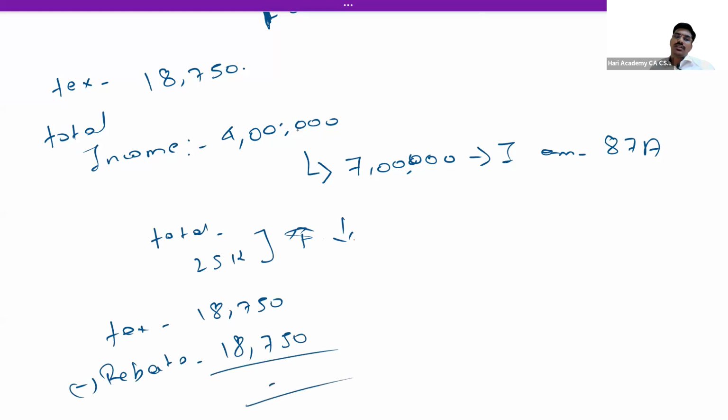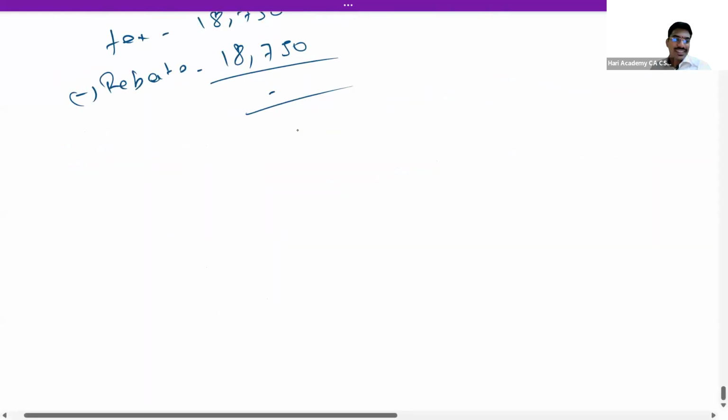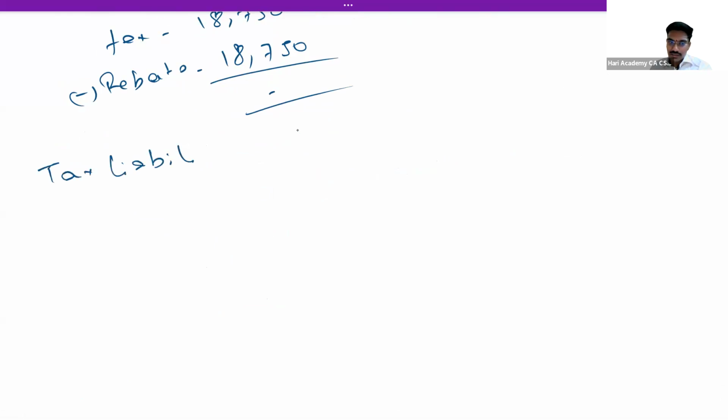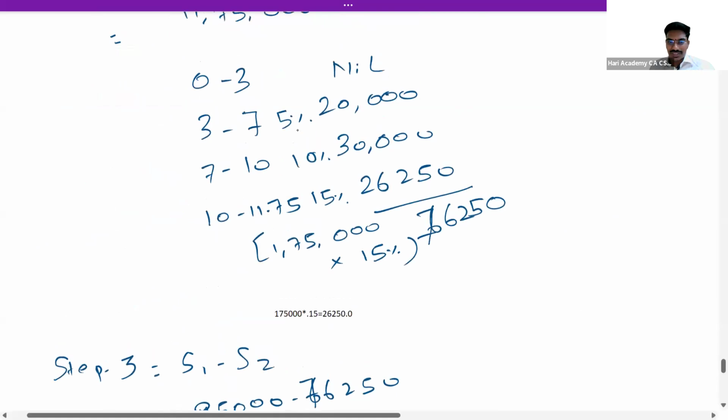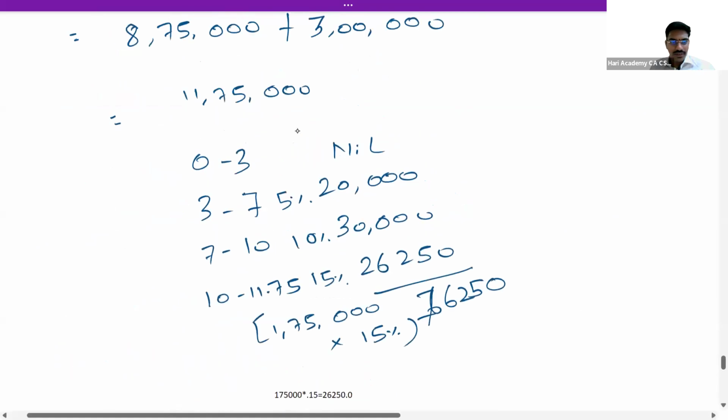So now my total is null. So after all these computations, the tax liability in the present case is null. Hope everybody understood this. Very good and very interesting question, right?